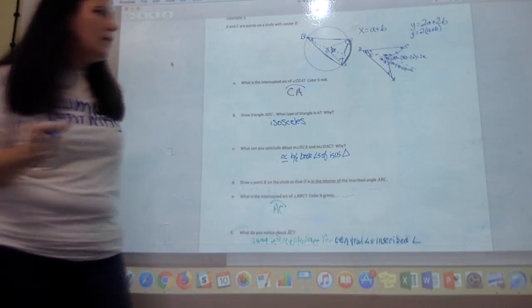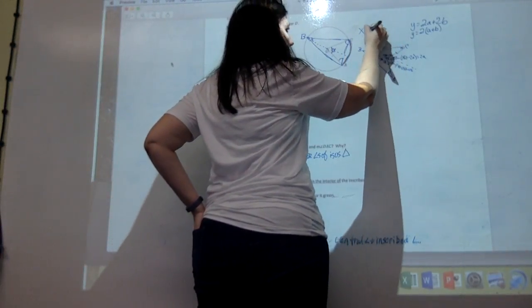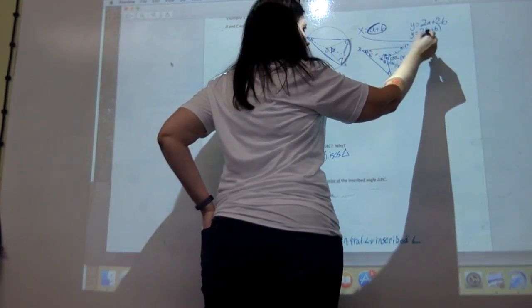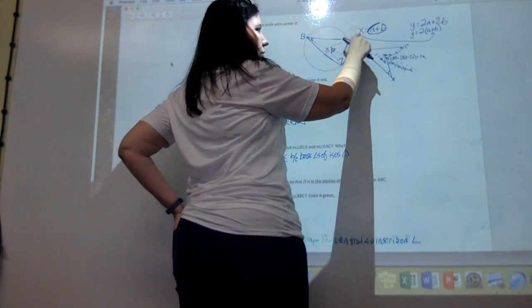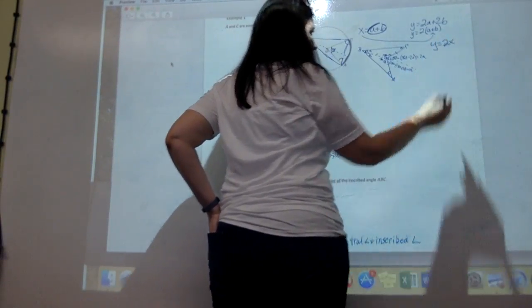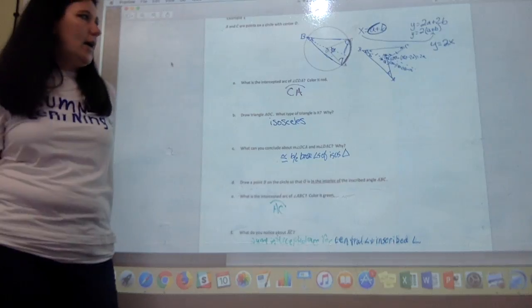And then I can substitute what A plus B is the same as, which is X. So Y would equal 2X.